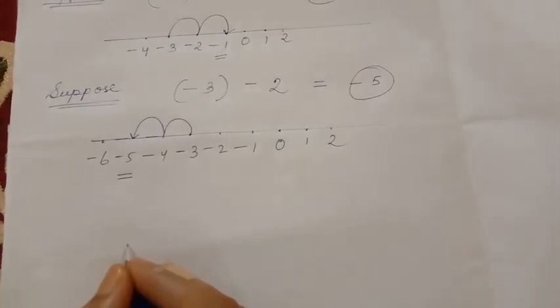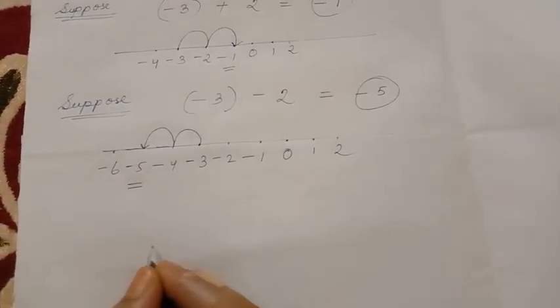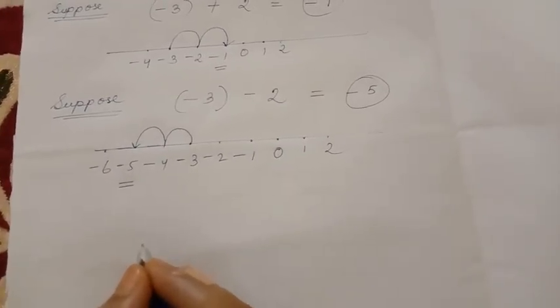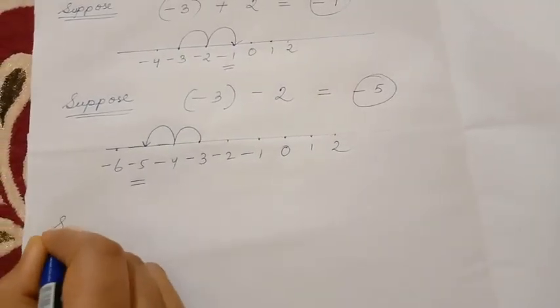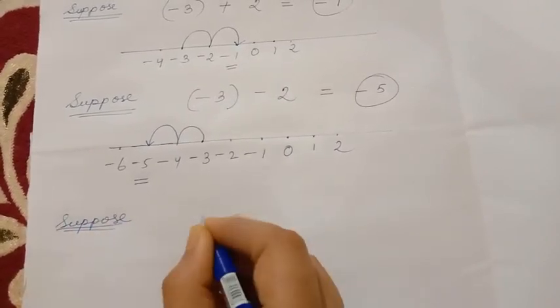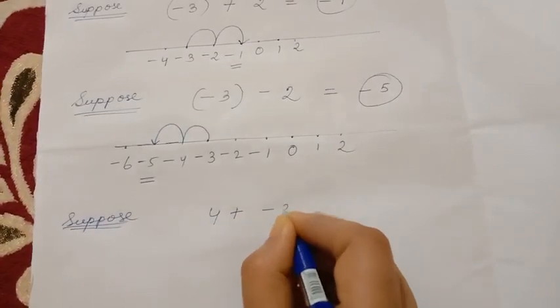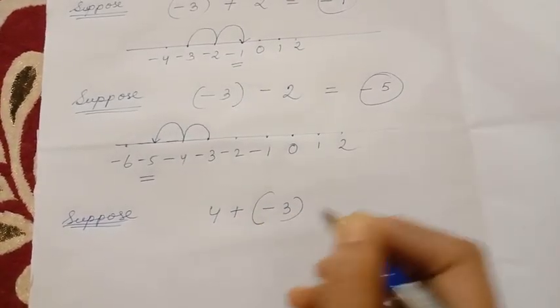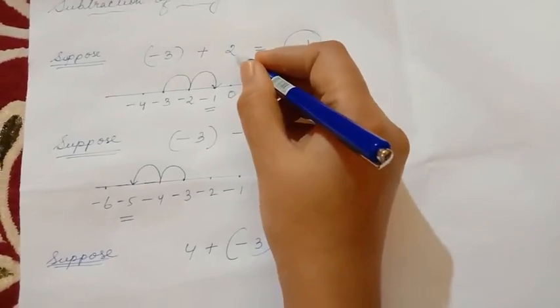Next, to add a negative integer, you have to move to the left. Suppose 4 plus -3. Beforehand we have added a positive integer.